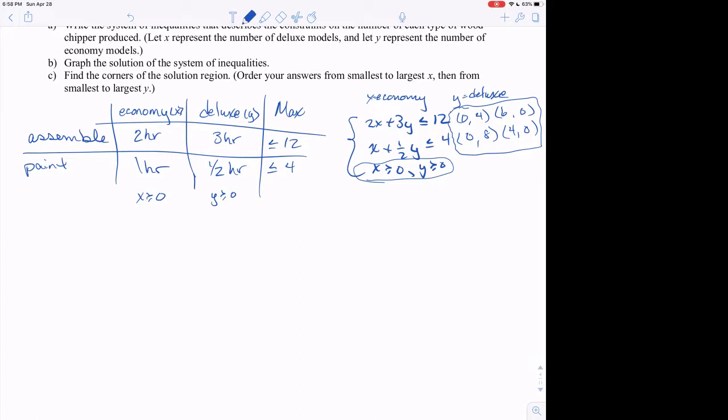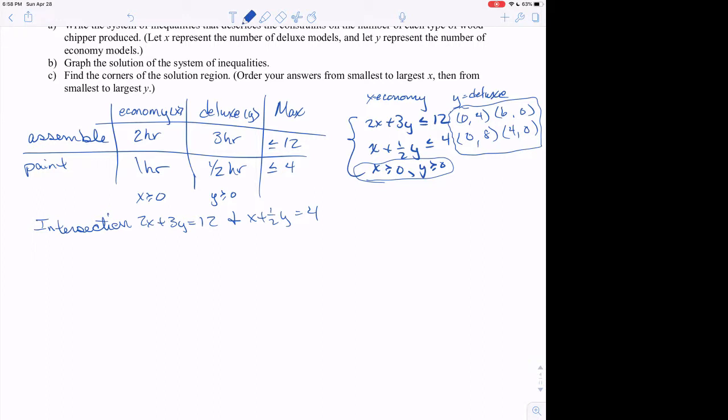All right, now we need to find the intersection of 2x plus 3y equals 12 and x plus half y equals 4. What I did was I solved for y.